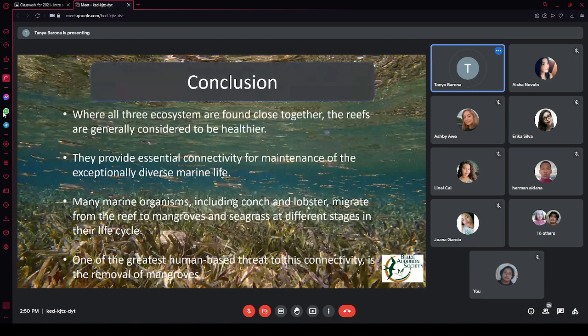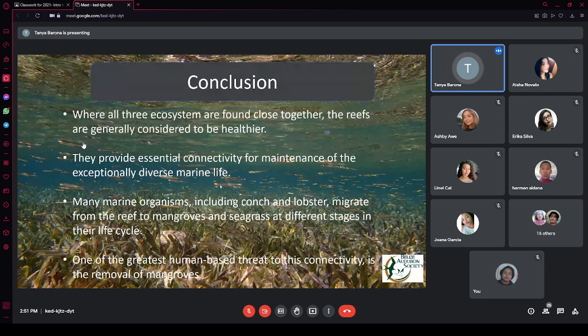So like I mentioned, it is important to maintain all three, not only for that, but for the other ecosystem services they provide. It helps with reducing the wave impact when storms occur, and by doing that, Belize City might be saved, or other coastal cities.